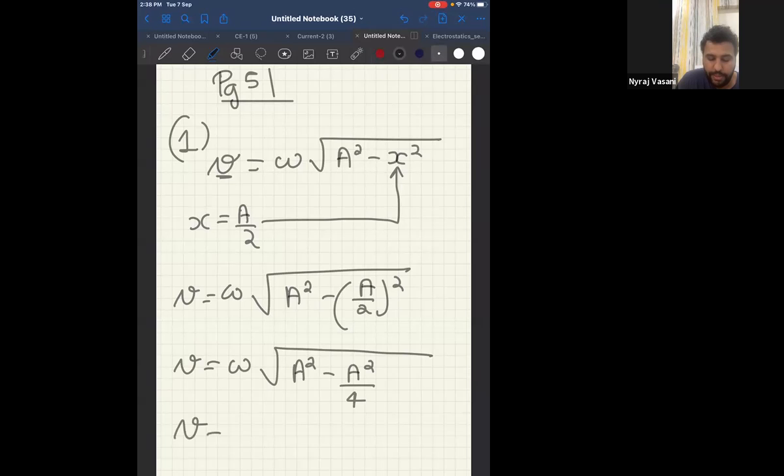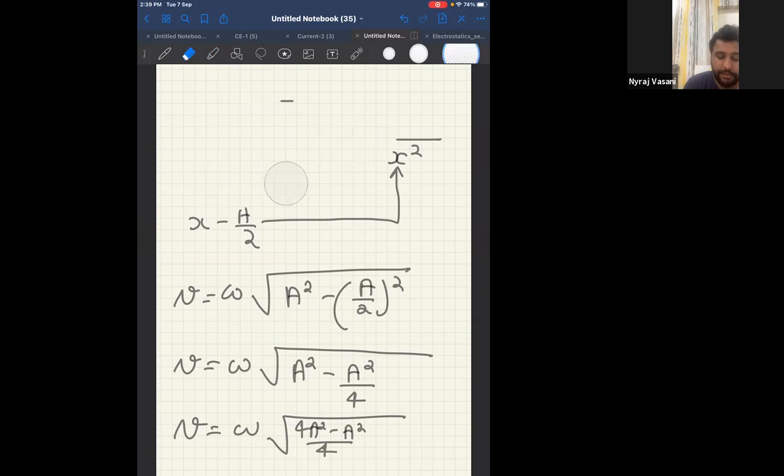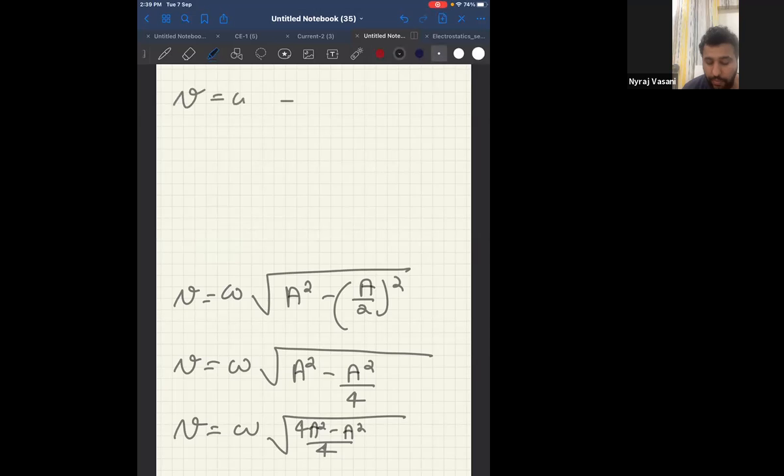Therefore, can I write v is equal to omega square root of 4a square minus a square by 4? What is 4a square minus a square? 3a square by 4.